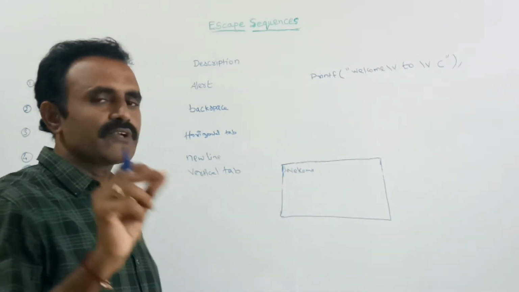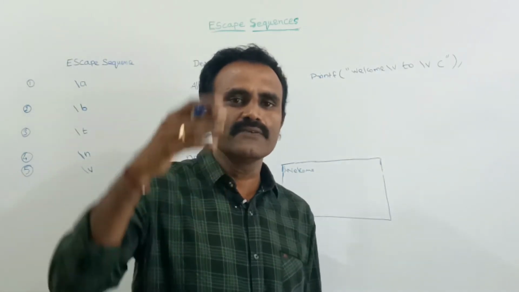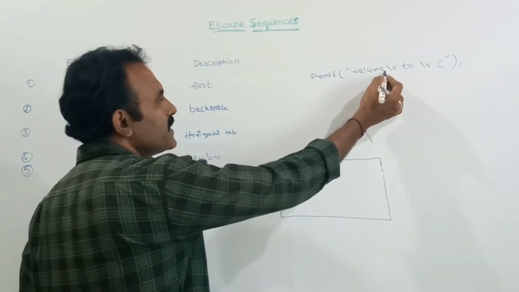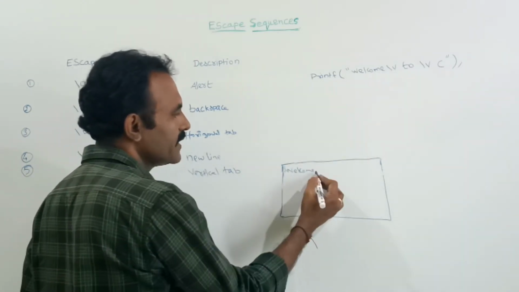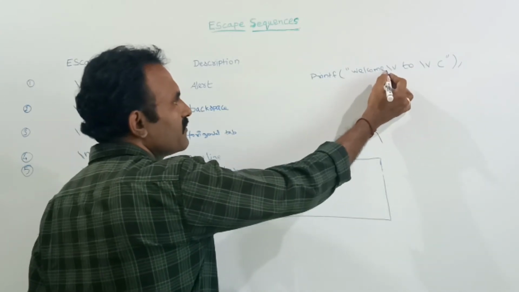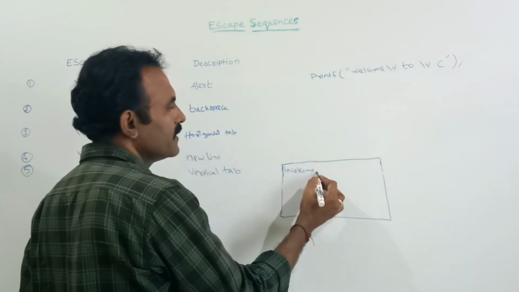See, from the current position it leaves the space vertically, that is the \v. Where is the current position? Here after welcome, after the E the cursor will be here.